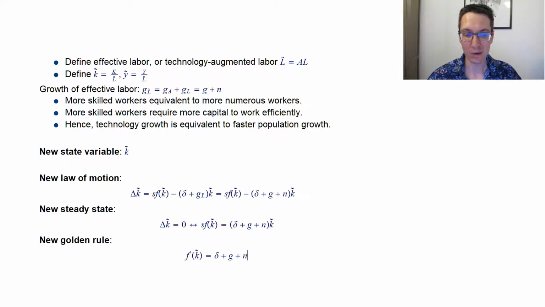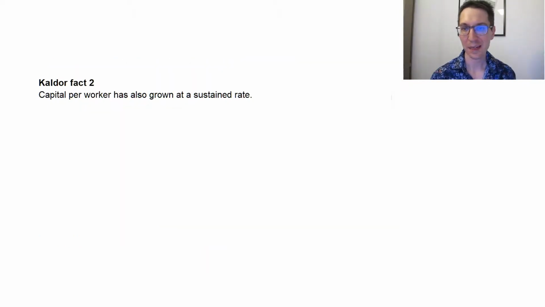All right, so now we have to look at the new growth rate, where things get interesting. It is now time to see if we can save the Solow-Swan model. So let's start with Kaldor fact number 2. Capital per worker has grown at a sustained rate. Is that going to be true or false?